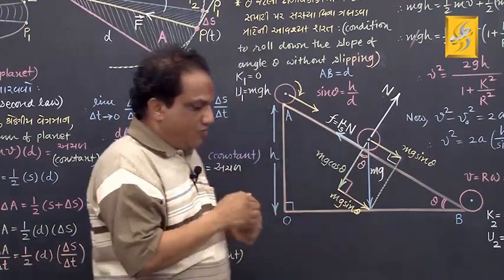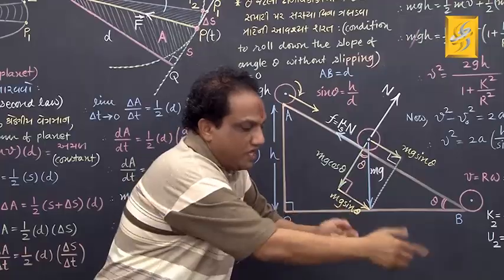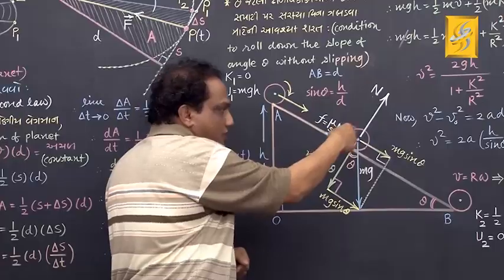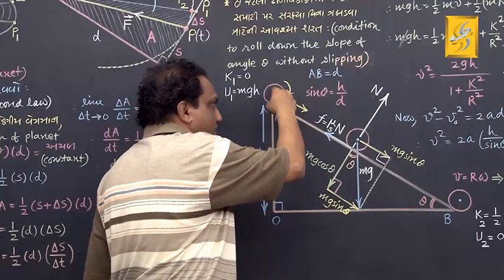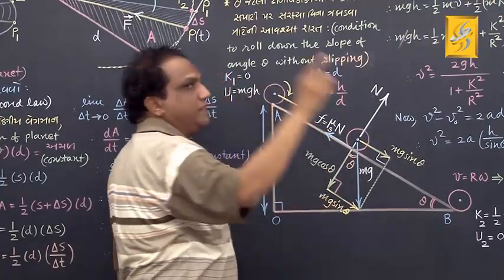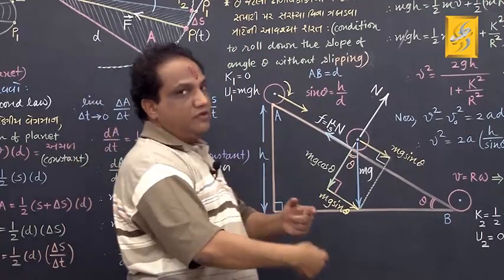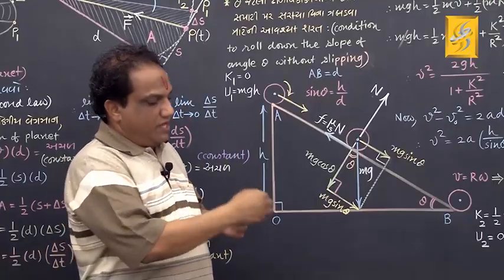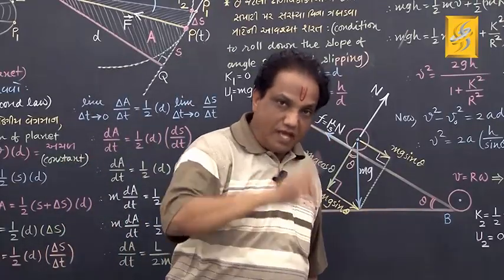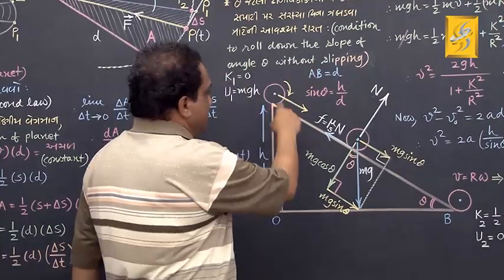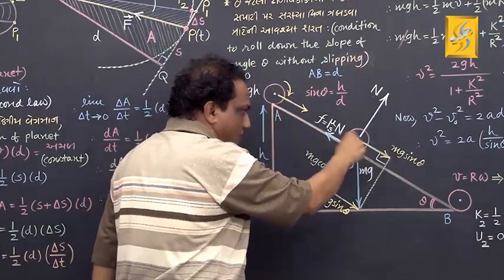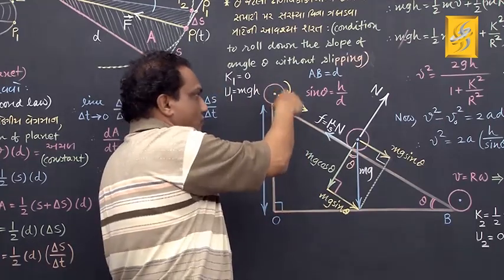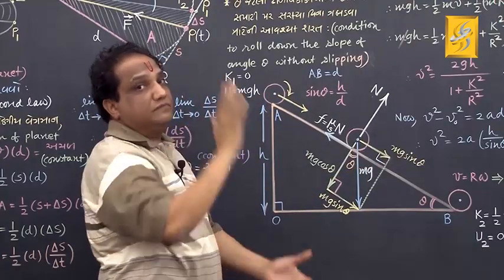Whenever any body performs rotational motion and at the same time, due to that rotational motion, its center of mass performs linear motion, then that body is said to be rolling without slipping.